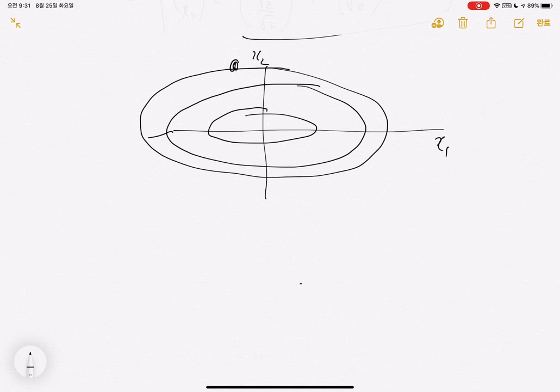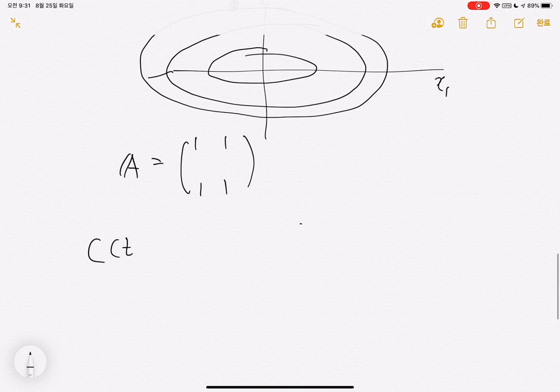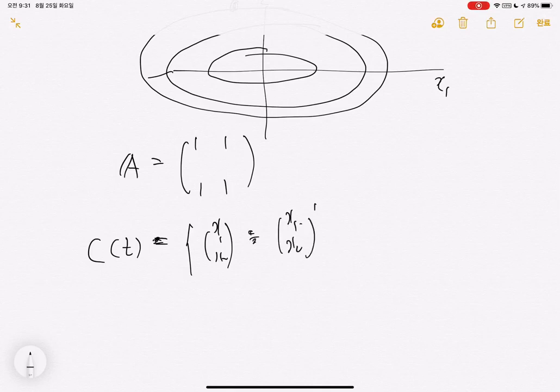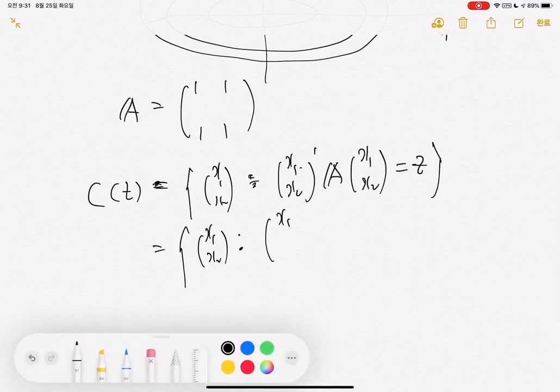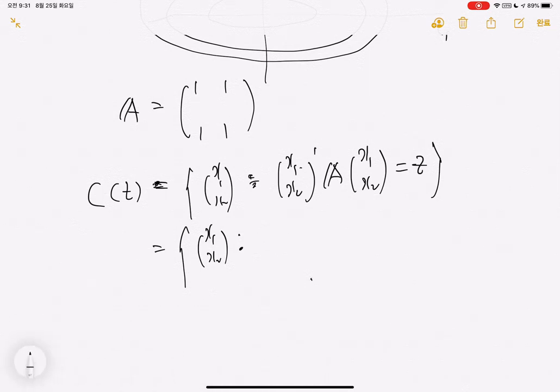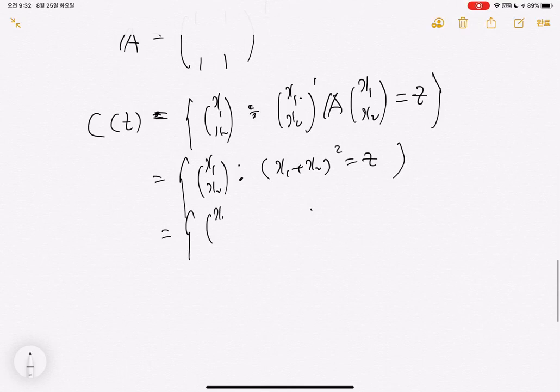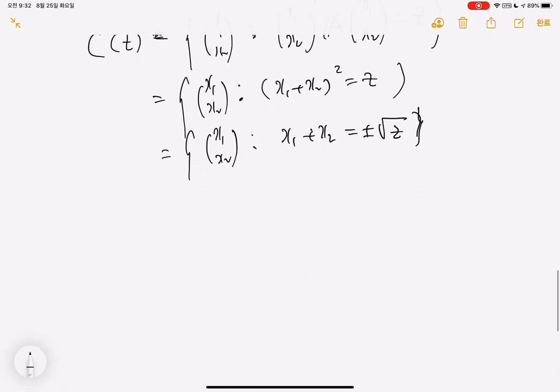On the other hand, the quadratic form of a positive semi-definite matrix is going to be a line, right?